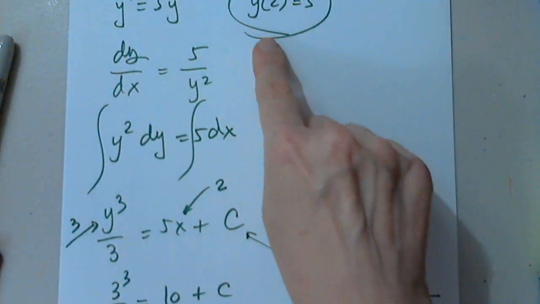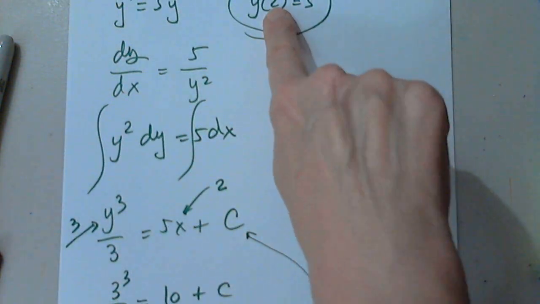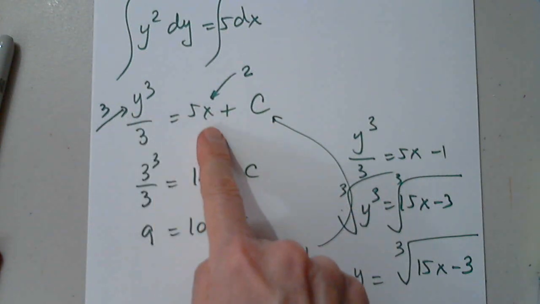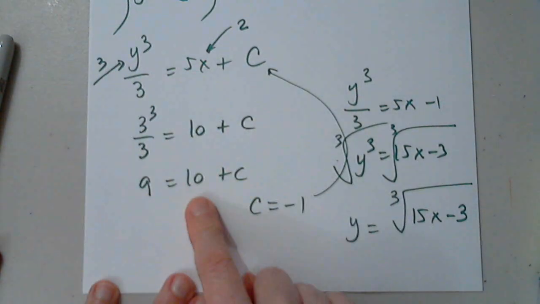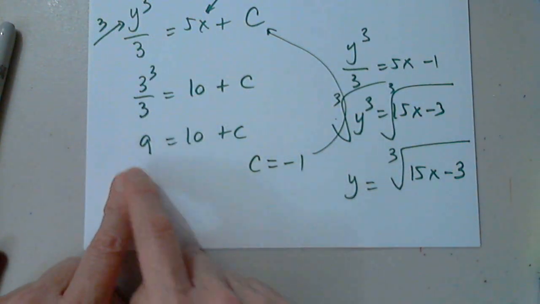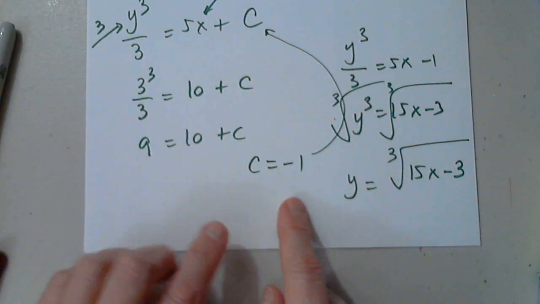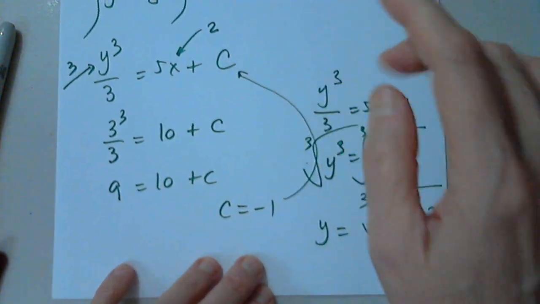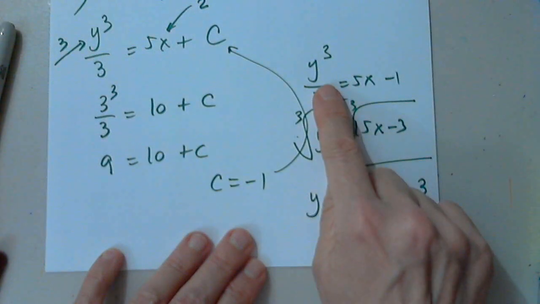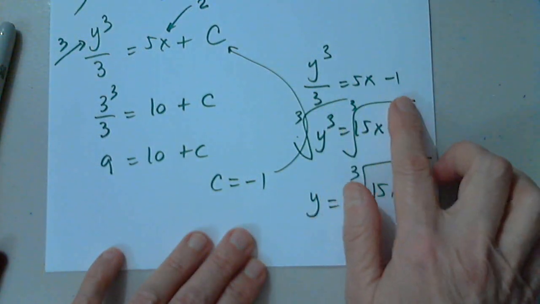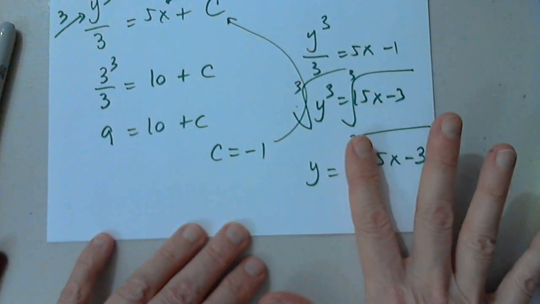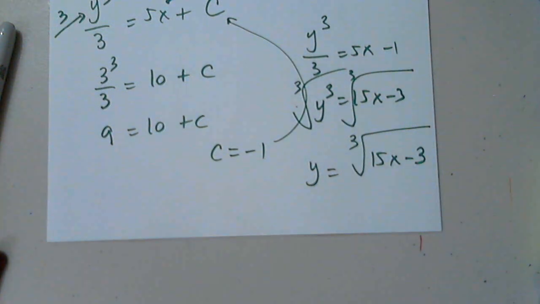But now I can stop and say, oh, when x is 2, y is 3. So 9 equals 10 plus c. So then c must be negative 1, when I move 10 to the other side, 9 minus 10. I put it back in. I have y to the third over 3 equals 5x minus 1. I'm solving for y. Multiply both sides by 3 and take the cube root. Done. No plus or minus for the cube root, only for the square root.